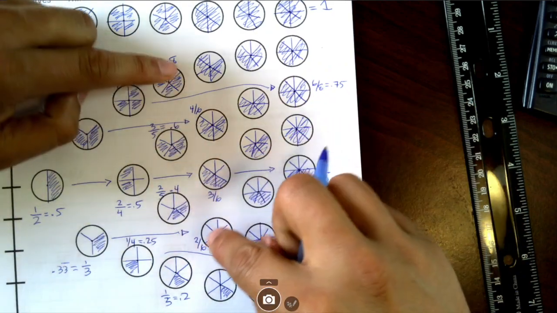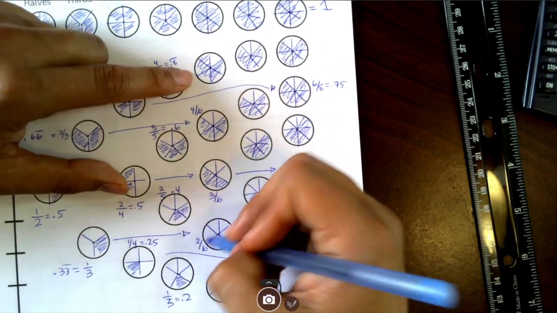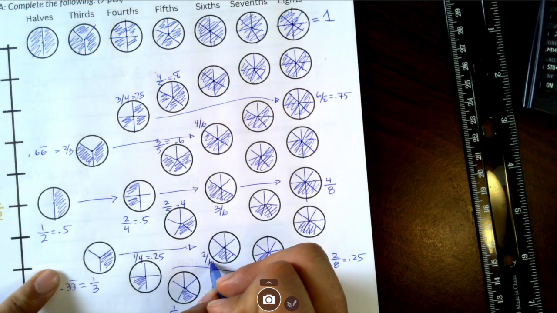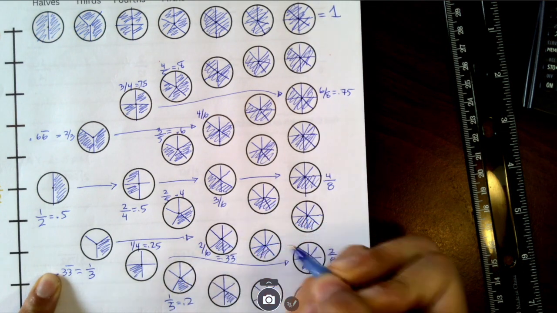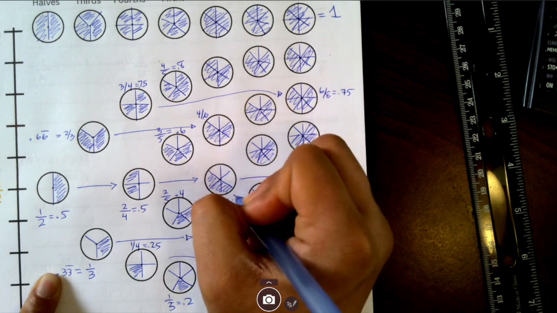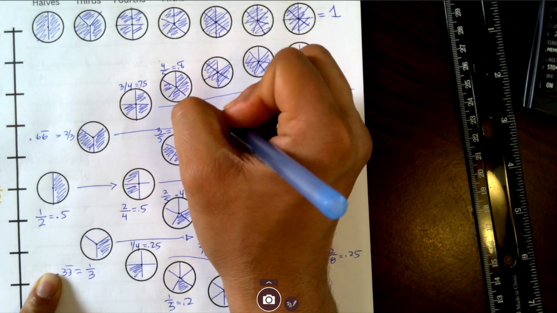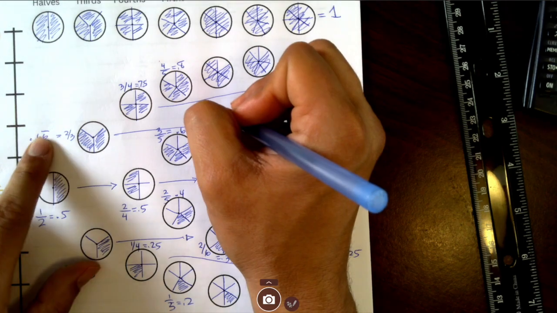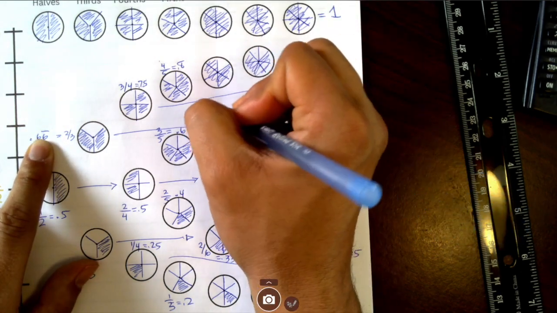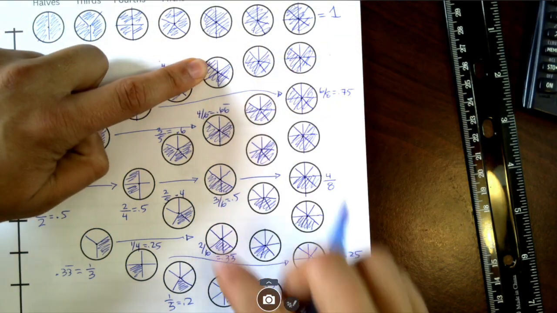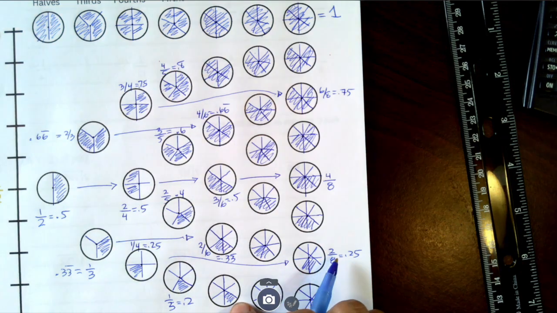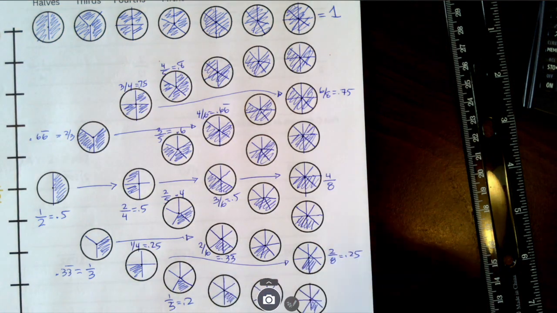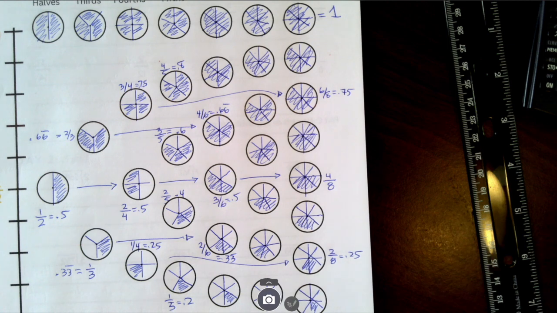We already have 2/6. 2/6 is just 1/3. So that's equal to 0.33 repeated. This is equal to 1/2, and then this is equal to 0.66 repeated. So we just need to do this one and the one on the bottom. So the ones top and bottom. So the bottom one, just think about like half of 0.33.